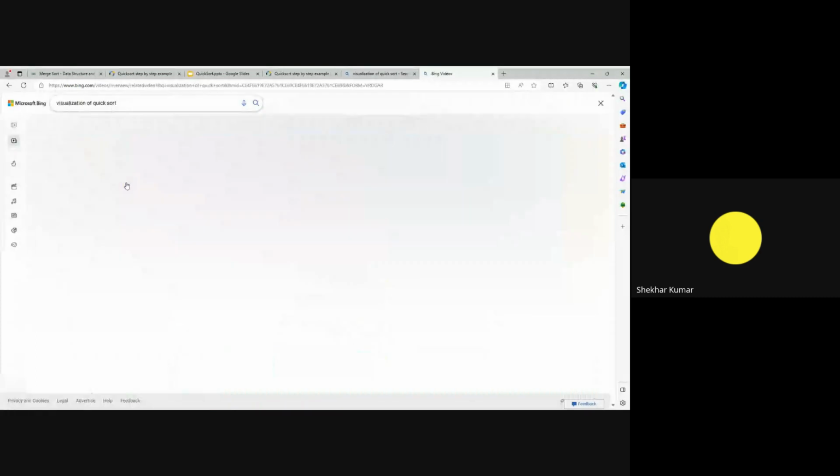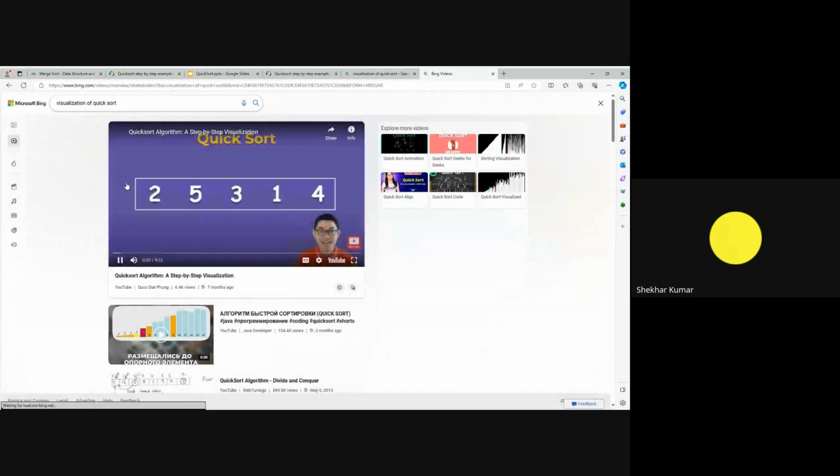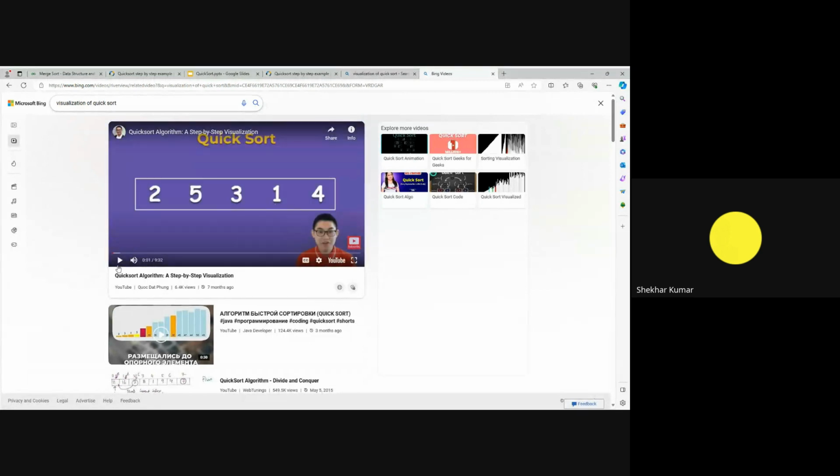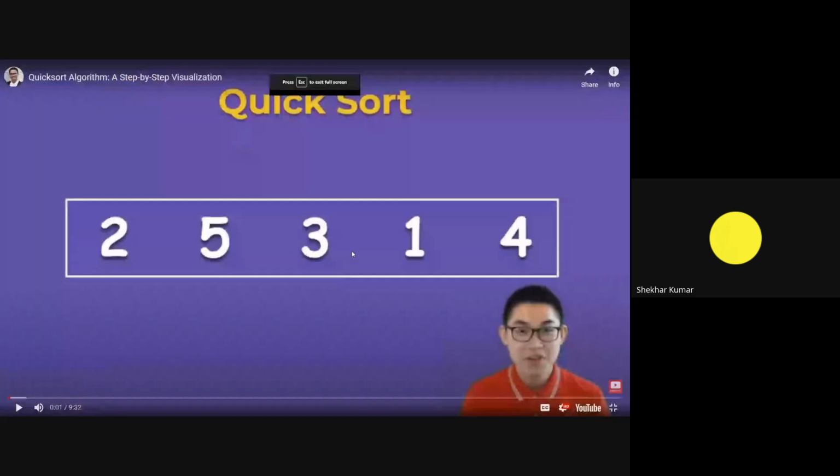Here is the visualization of quick sort. Now you can see the visualization of quick sort in this video. Is it visible? Yes, sir. Okay, now you can see the visualization.